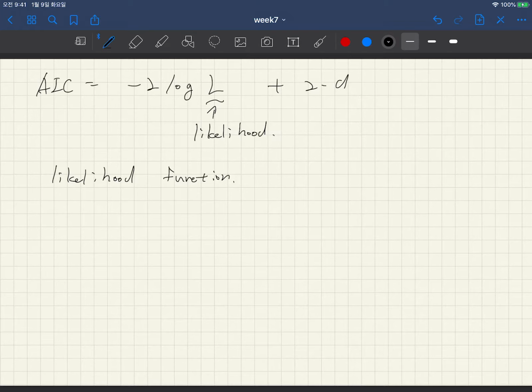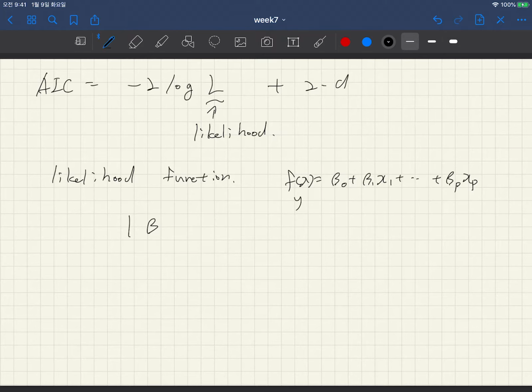When you have a parameter beta, you have a prediction model: f(x) is equal to beta 0 plus beta 1 x1 plus ... plus beta p xp. So if you have parameter beta, you have this prediction model.